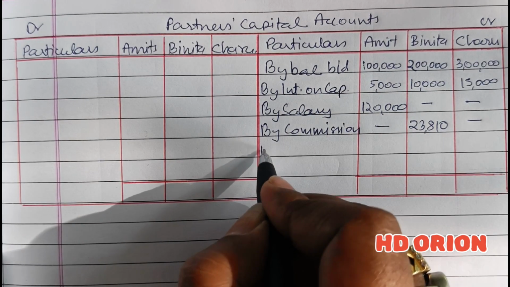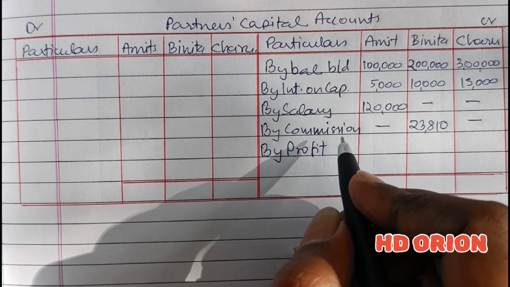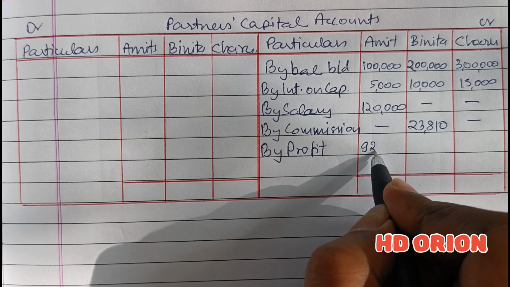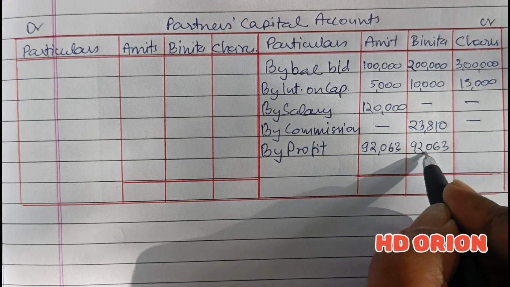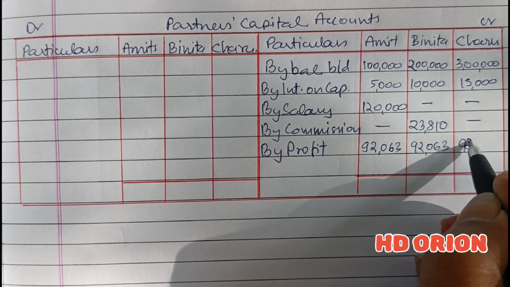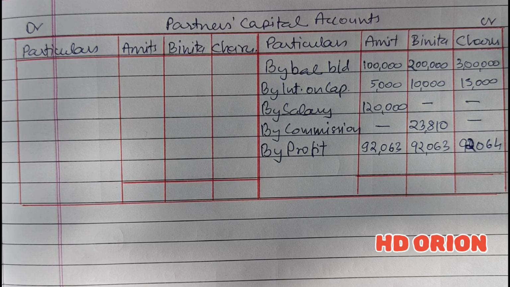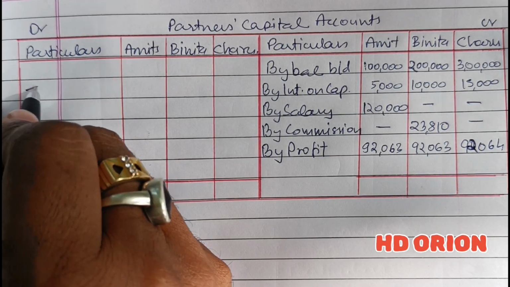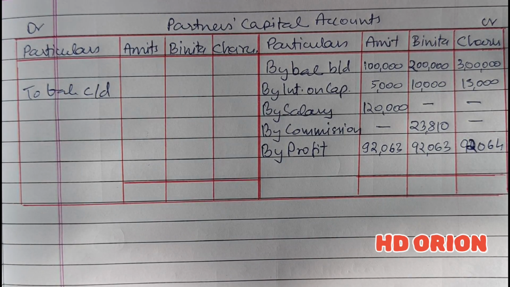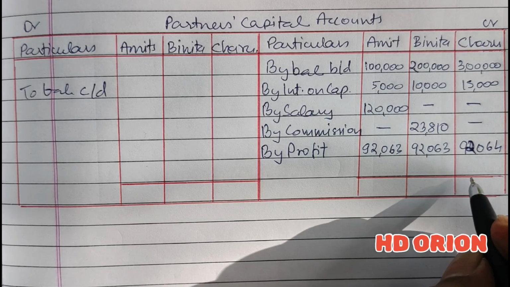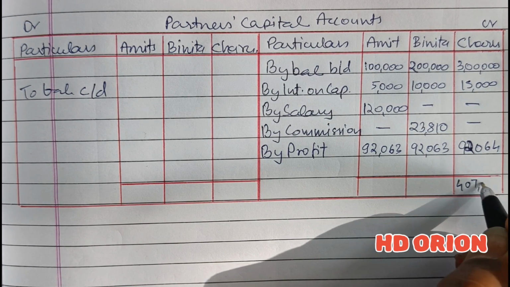And then the final divisible profit in their profit sharing ratio, and it was 92,063, 92,064 to round off the amount. And then we will prepare the closing balance carried down, that is the balancing figure for all the three partners. And the amounts are, for partner Charu, it is 4,07,064.